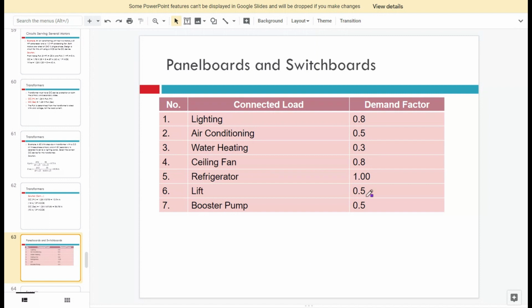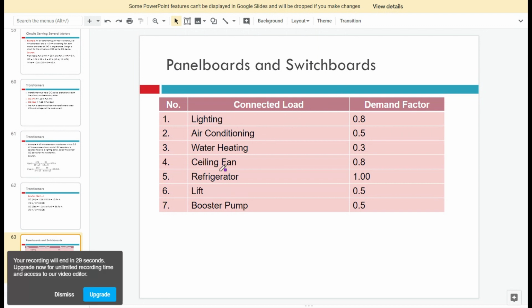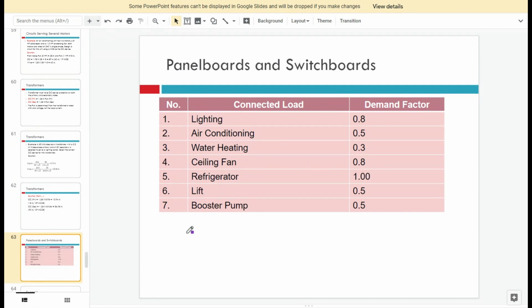Okay, this is the panel box, and also the switch box. Normally the connected load that connects to all these boards is some of them the lighting, the air conditioning, the water heater, ceiling fan, refrigerator, lift, and booster pump.